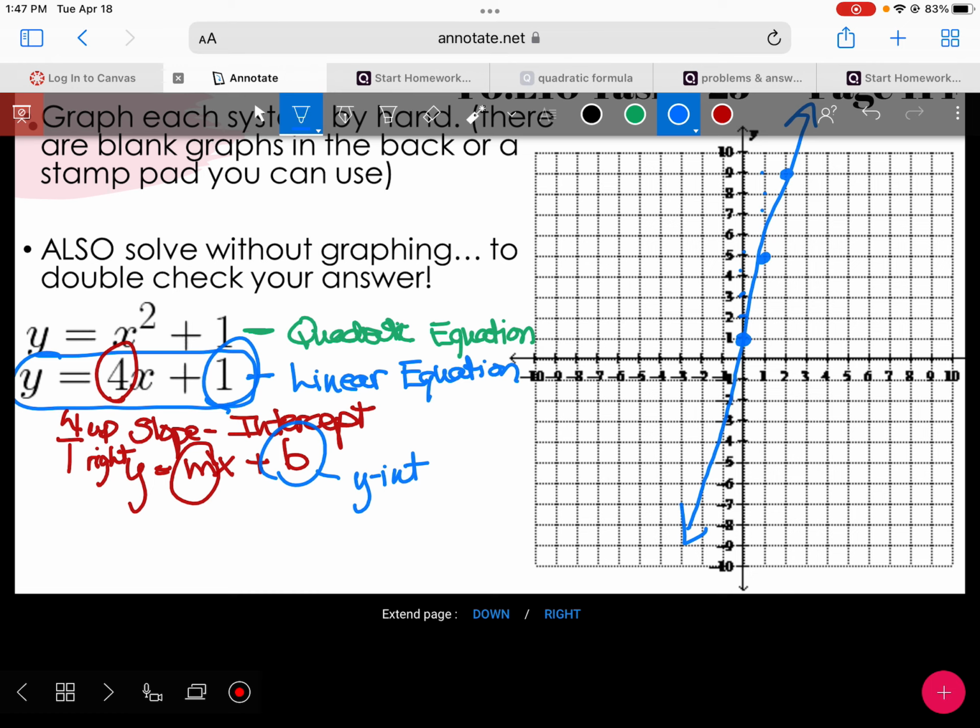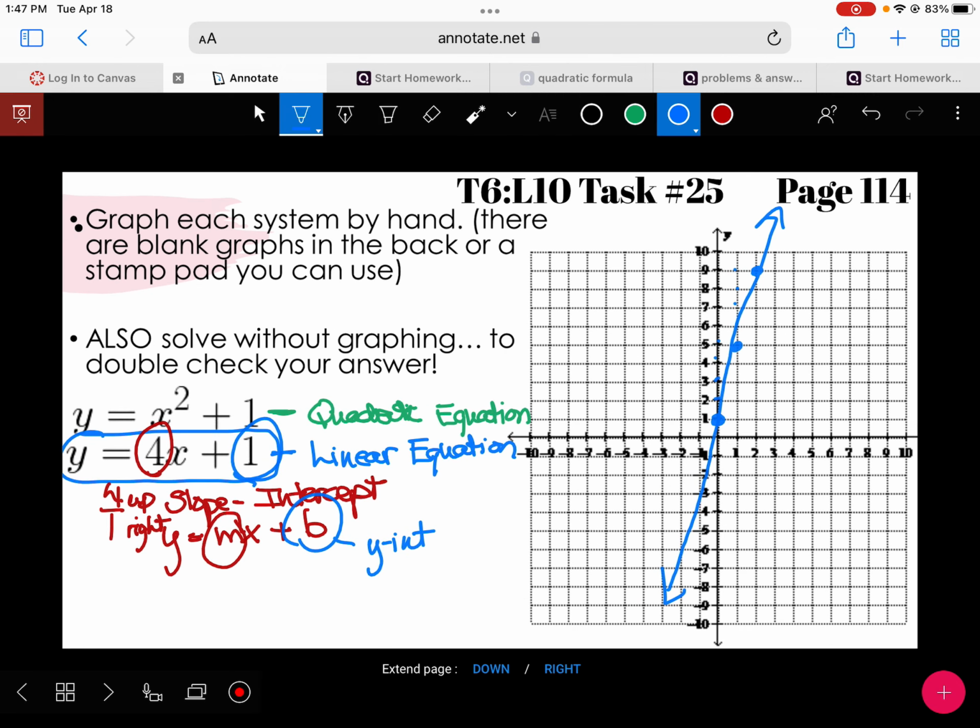Also, before I forget, you may want to put on or around that first graph the two equations. So either above them or below them, just so you know what you're talking about. So y equals x squared plus 1, which I should have done in a different color, and y equals 4x plus 1.